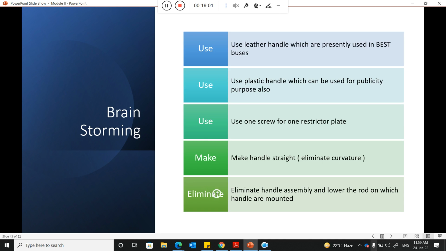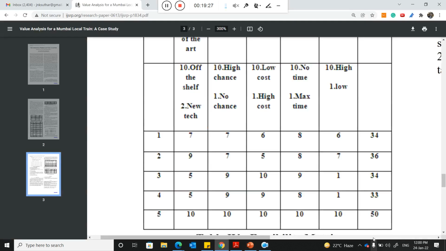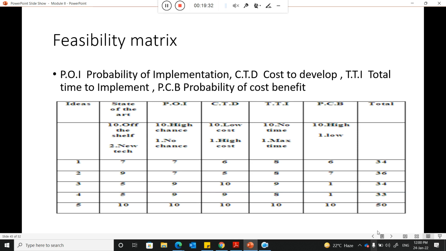When I talk about idea number 5, it reduces the cost without compromising the function of that particular thing. So that is the cost worth, and the cost worth matrix I already discussed, meaning what is the cost of each, and the feasibility was just discussed.